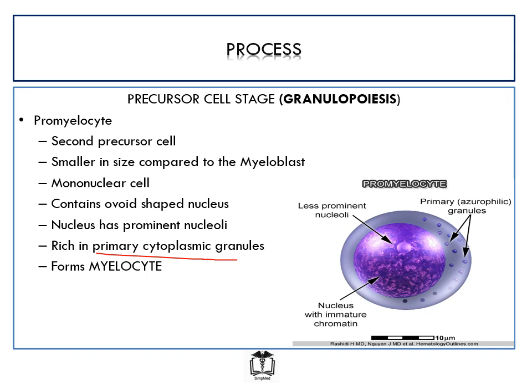What are these primary cytoplasmic granules? These granules are rich in a number of enzymes, usually what we call myeloperoxidase enzymes, and these enzymes are there for the function of killing microbial agents that have been phagocytosed by the granulocytes.